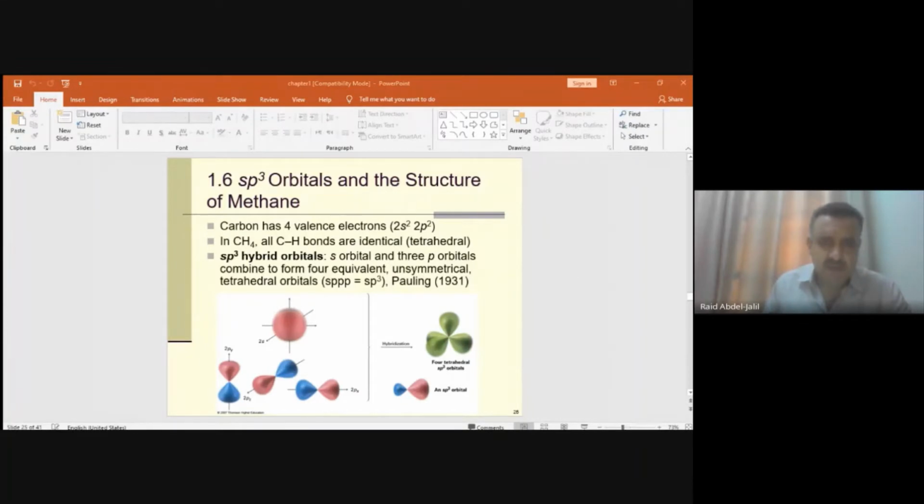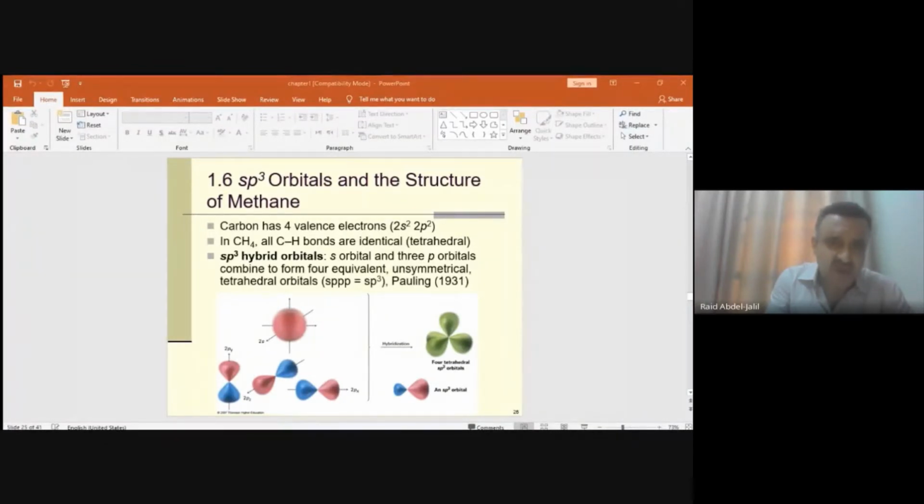Now, the importance of Lewis structures and how we draw them. It is very important because when we draw the Lewis structure of any compound, it gives us an idea of what is going to happen, or what information we can gain from Lewis structures.